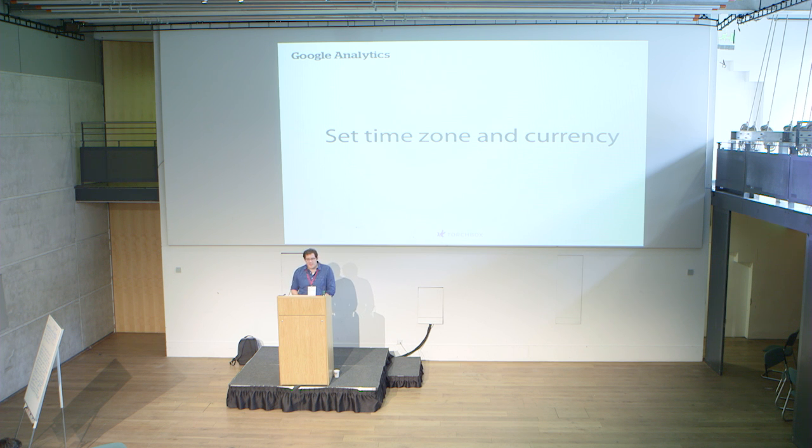So set your time zone properly and set your currency to the one you're going to be reporting in. Again, by default, it's US dollars, but you may be taking donations in British pounds. The nice thing is that if you're an international organization and you receive donations in multiple currencies, Google will convert those currencies into the default currency that you set within your e-commerce data.